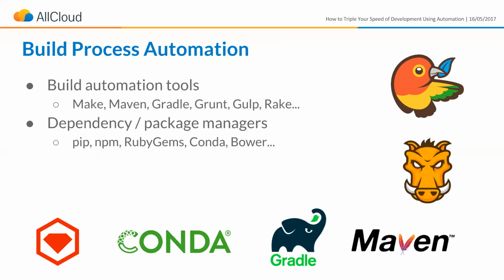So for example, Make can do all sorts of stuff, and Maven can also build stuff that's not only Java, for example. And another very important thing is dependency management. Now, there are dedicated package managers like pip or npm, but there are also tools that do both build automation and package management. This is the case with Maven, for example.